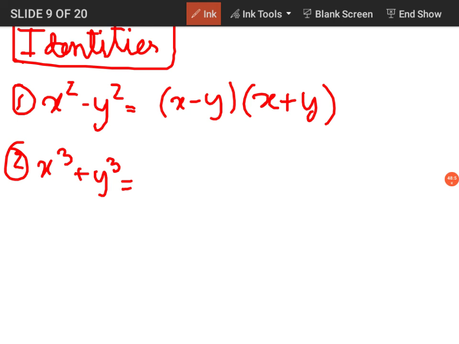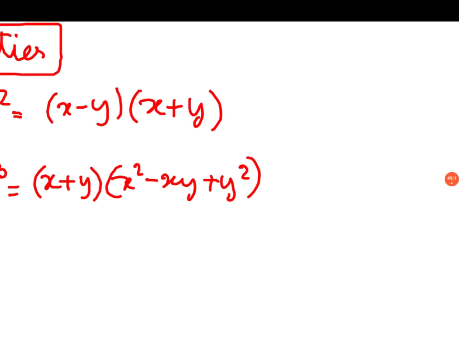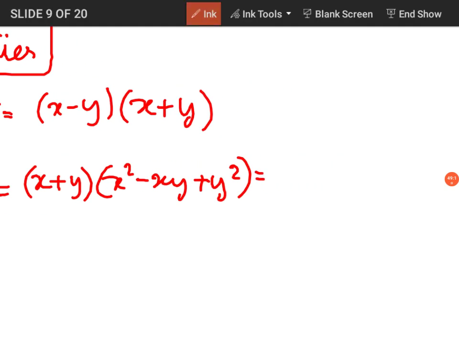So if you want to write this expression in a factorized form, the factorized form is x plus y multiplied by x square minus xy plus y square. This is the factorized form. And then the normal form is very simple, that is x plus y whole cube minus 3xy times x plus y.